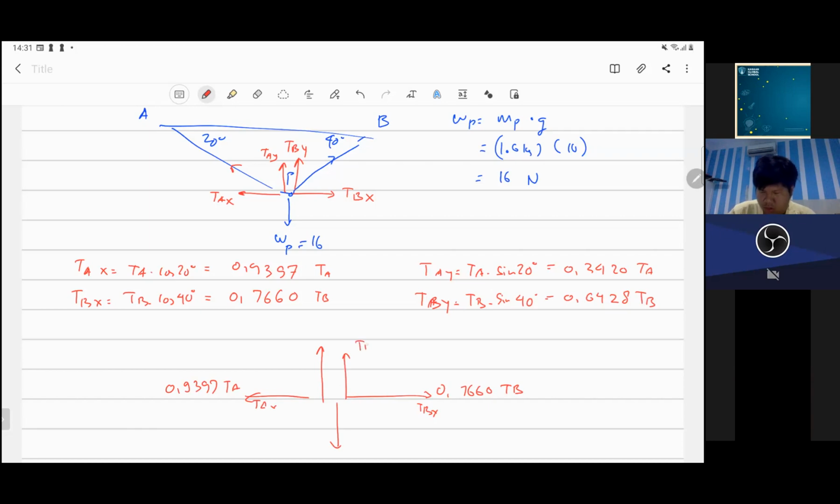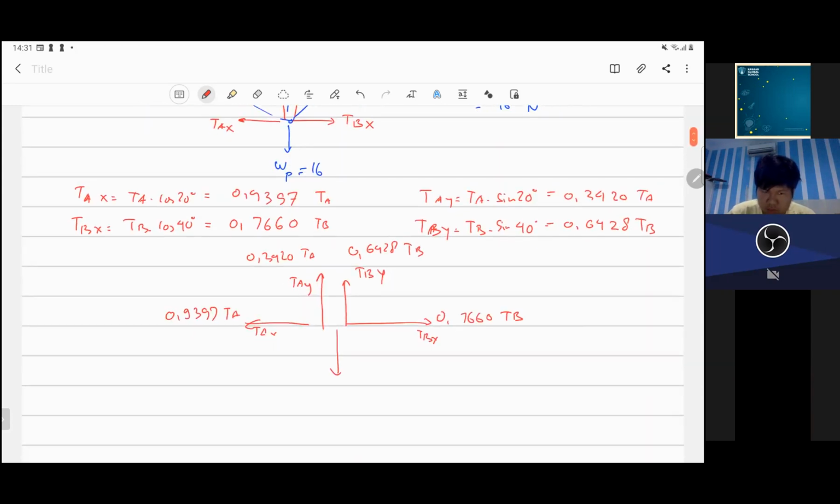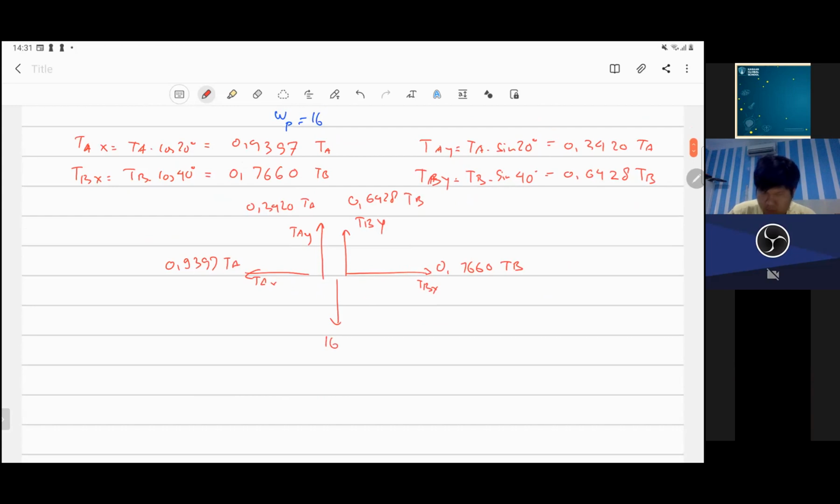This is going to be TB on the y-axis, that's going to be 0.6428 TB. And for the TA, it's going to be 0.3420 TA. Going down, we have 16. Okay, so this is everything that goes in point B.